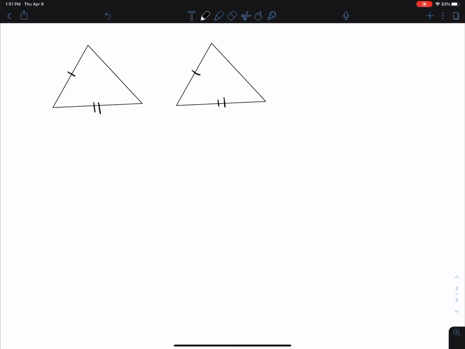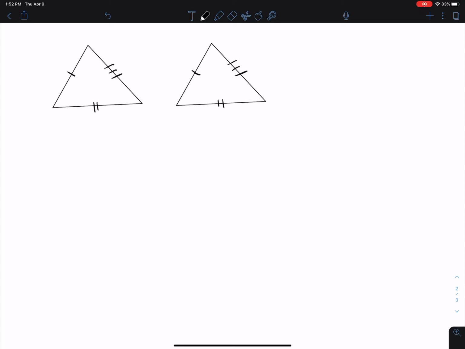Because if I just did 1 tick mark like that, that would be saying that this side, this side, this side, and this side are all the same length, but they're not. So we need to say that this one and that one have 2 tick marks to show that those are congruent. And then this side, we're going to put 3. So that's how we show that sides are congruent.